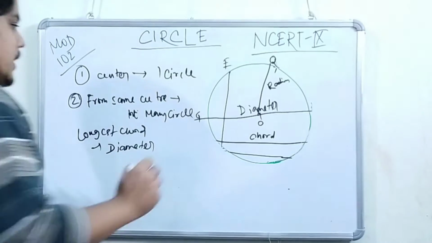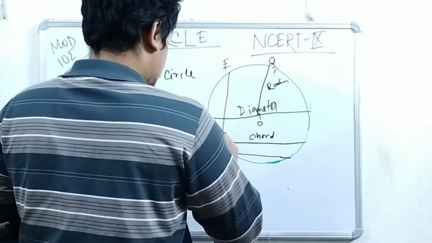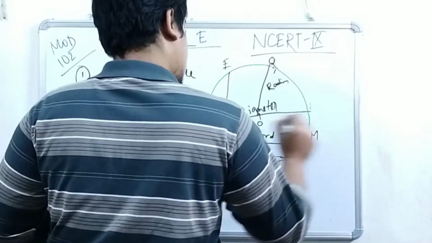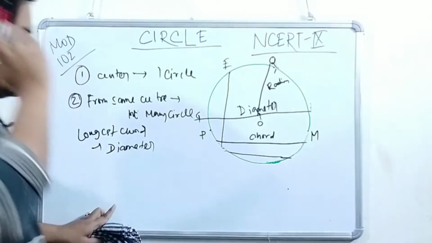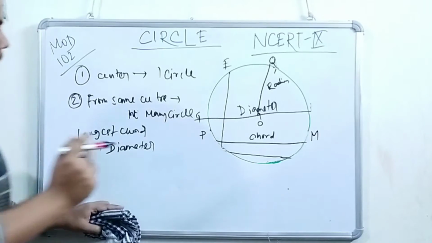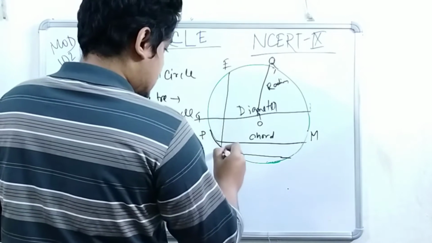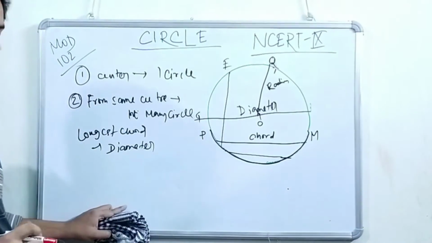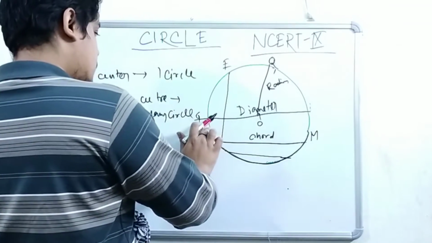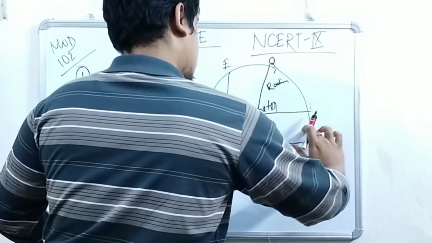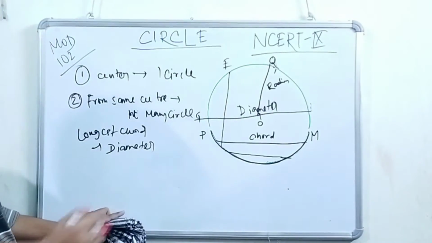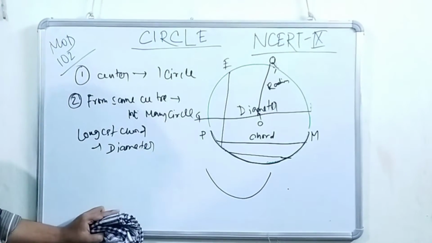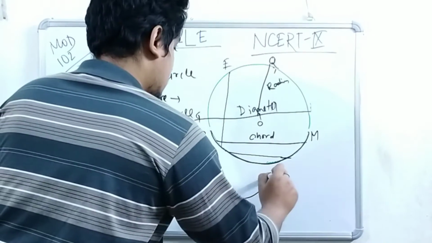I have taken two points here, P and M. Now just think that this part is a part of the circle, and if I extract this part from the circle, I get a part of a circle. That thing is called an arc.